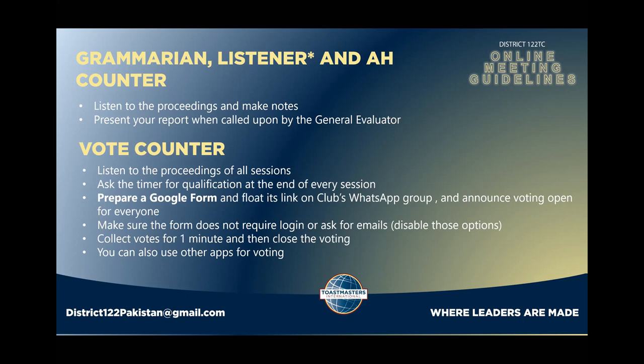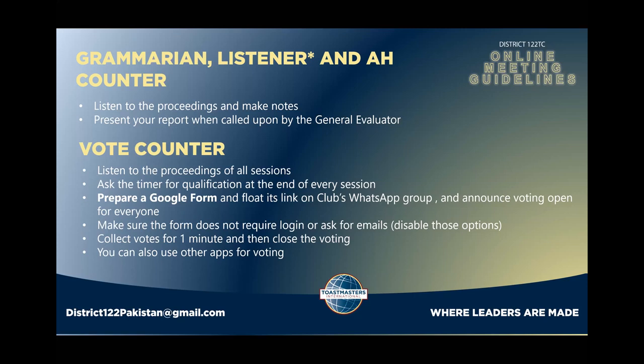Again, quite easy. Vote counter, as I mentioned earlier, prepare a Google Form and float its link on the club's WhatsApp group. That's the easiest way. And one thing is very important, and I've learned this through hard experience, so please bear with me a bit. Google Forms have a lot of options. Please have a look at all those options.